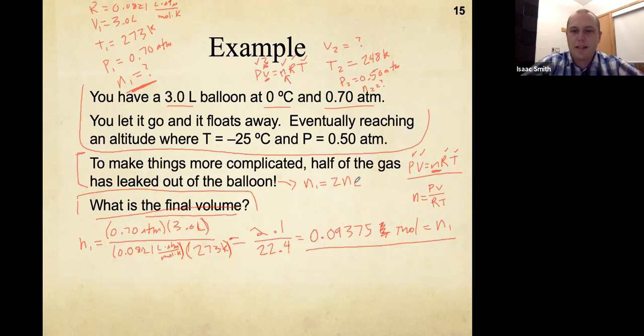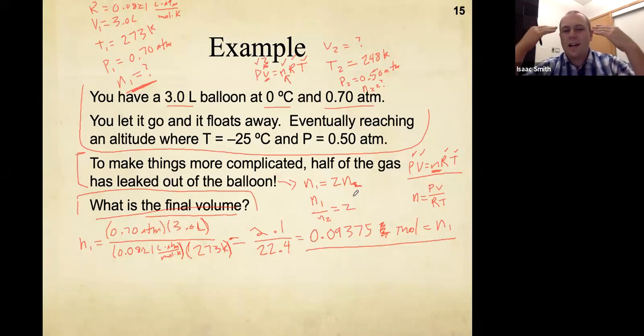So if half the gas is leaked out, you could also say N1 over N2 is going to equal 2, right? Because half of it goes away. Okay, however you want to look at it, that's fine.